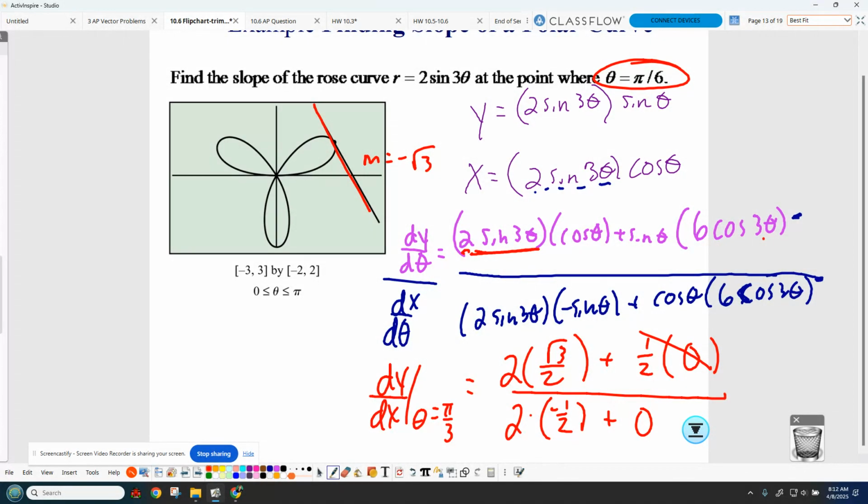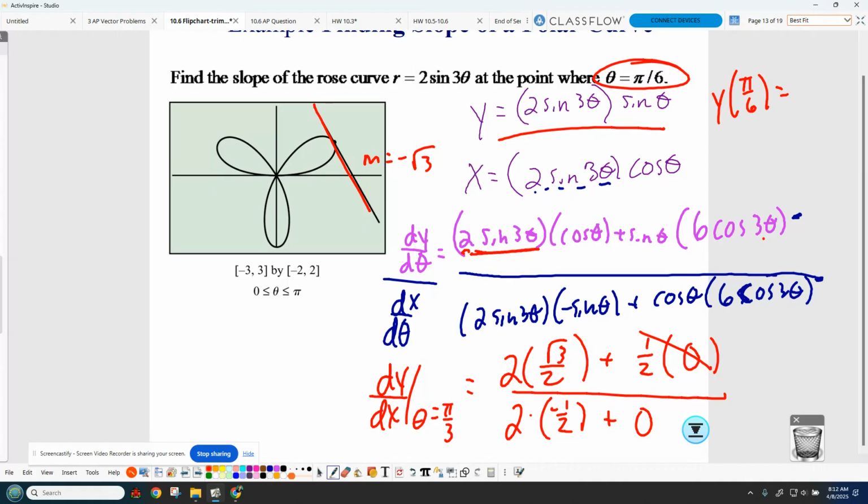Okay? Yep. If they were to ask you for the tangent line, would you then just plug in pi over 6 to y and x? Yep. So if they wanted the full-on tangent line, let's see. And just a comment, some of you on the quizzes, you would plug in here and then say equals 1.